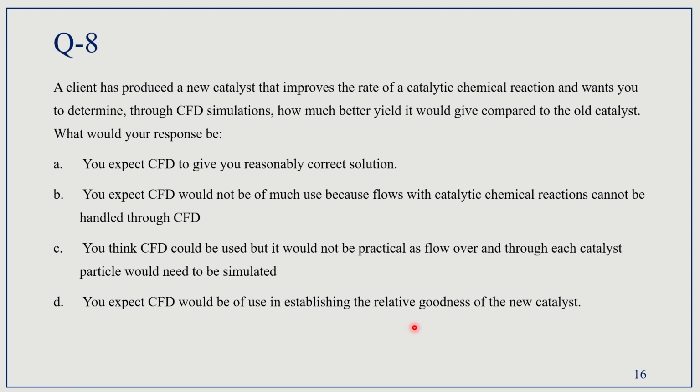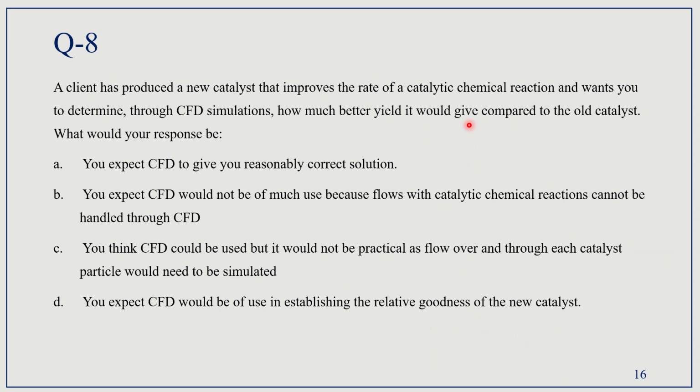So what is asked? A client has produced a new catalyst that is said to improve the rate of the chemical reaction, and they are giving it to us to determine through CFD simulations how much better yield it would give compared to the old catalyst. So we now have two catalysts: one is the old catalyst, one is the new catalyst.